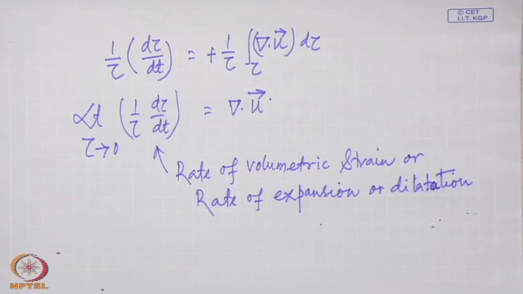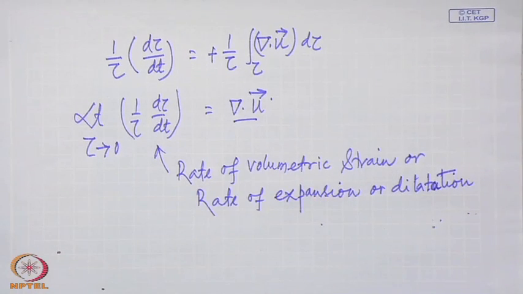So, that is what is the meaning of divergence U. Okay. So, this is said to be time rate of volumetric strain. That is rate. Instead of calling time rate, it is called simply rate.